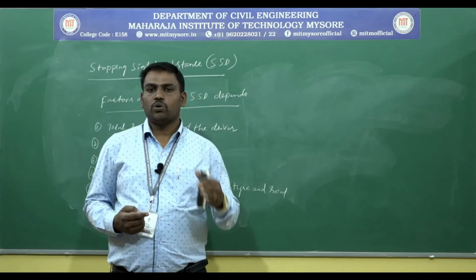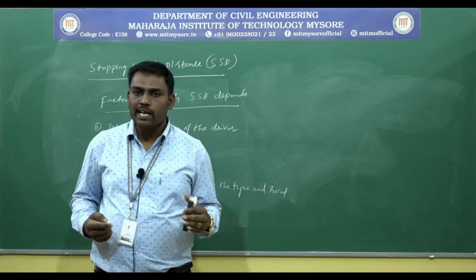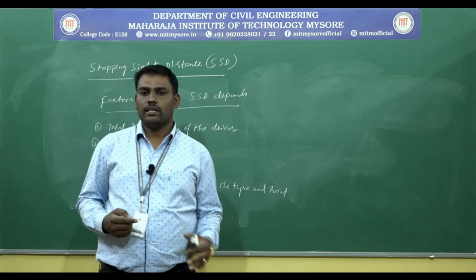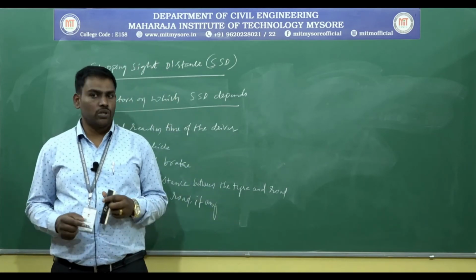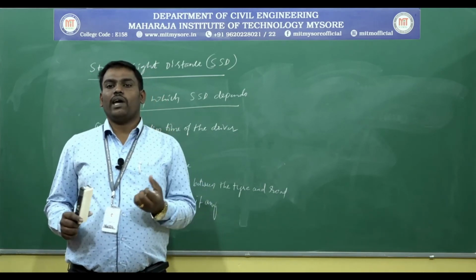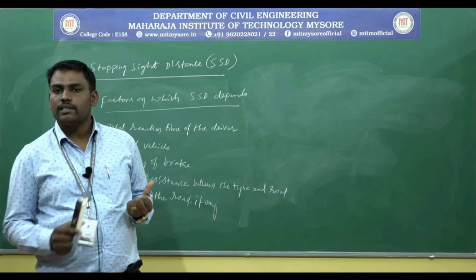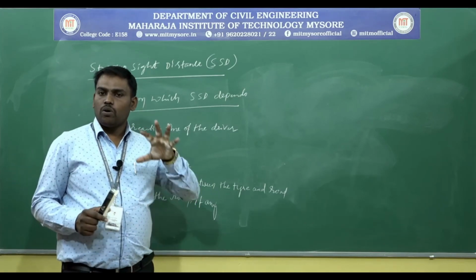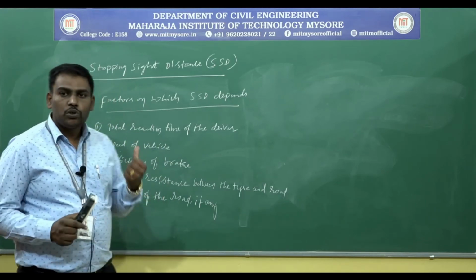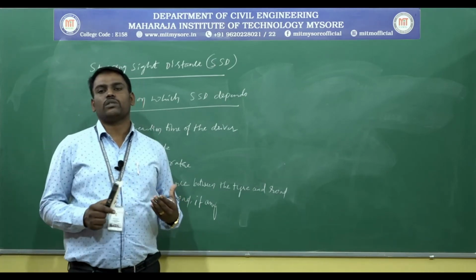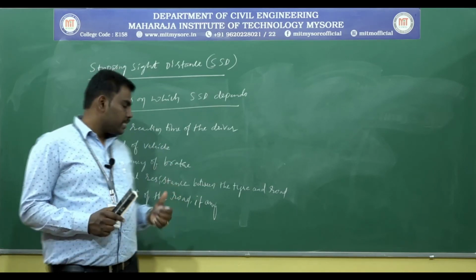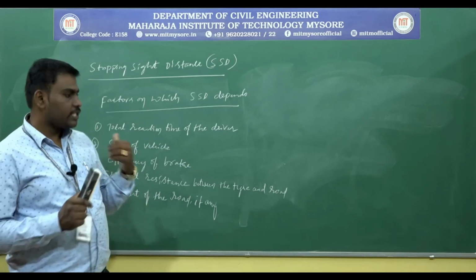That's why to avoid the skidding of vehicles, the Indian Roads Congress has suggested that the braking force should not be more than the frictional force between the vehicular tire and the road surface. Is it clear? That is regarding the efficiency of brake.